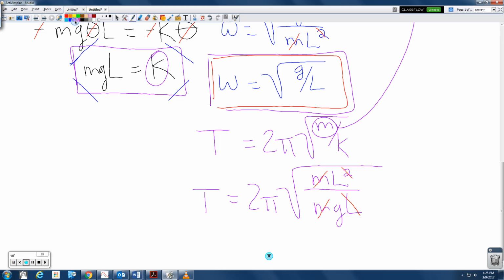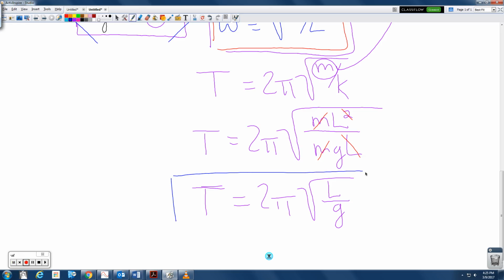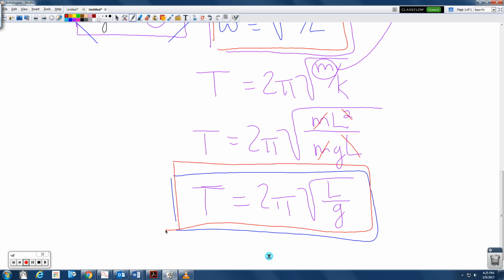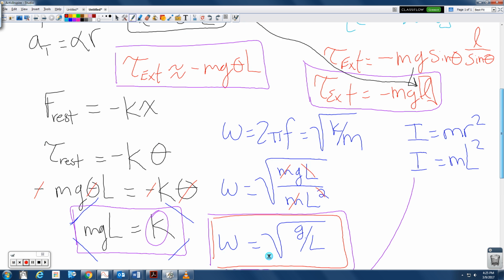And so we have for the period of the pendulum, capital T, period equals 2 pi square root of big L, the length of the pendulum, divided by g. Period of a pendulum down there, and angular frequency of a pendulum right there.